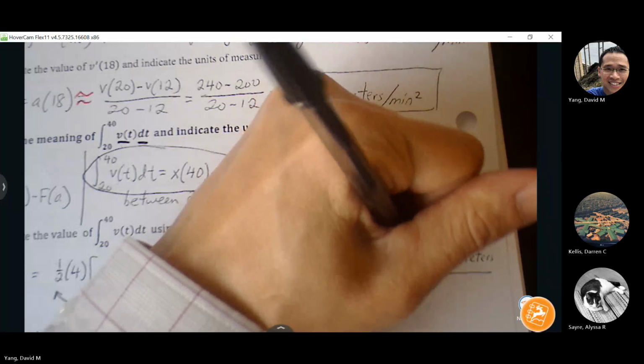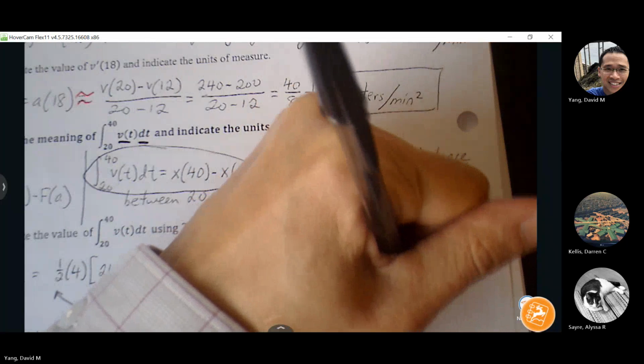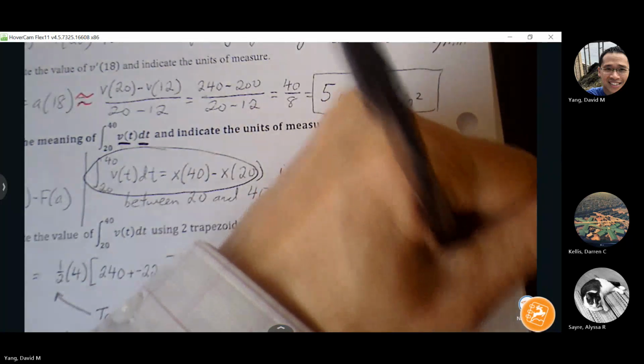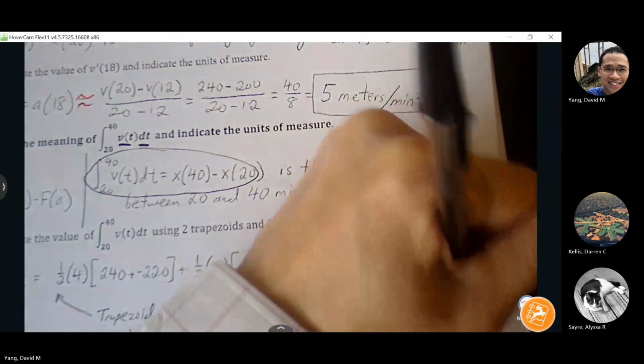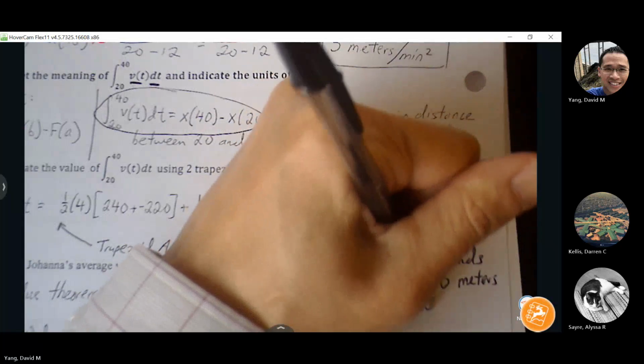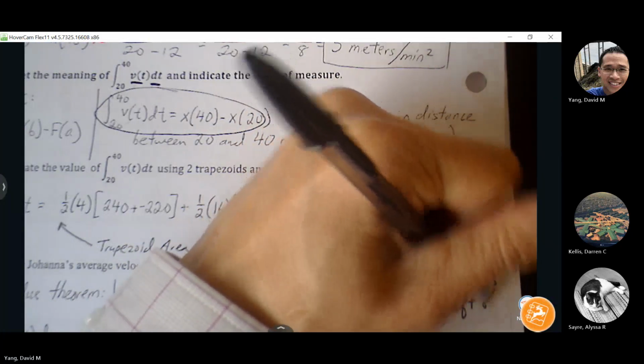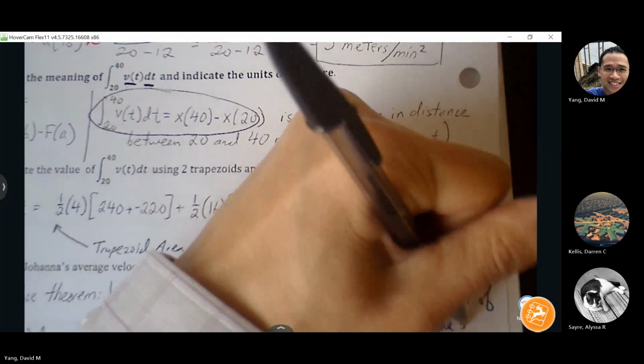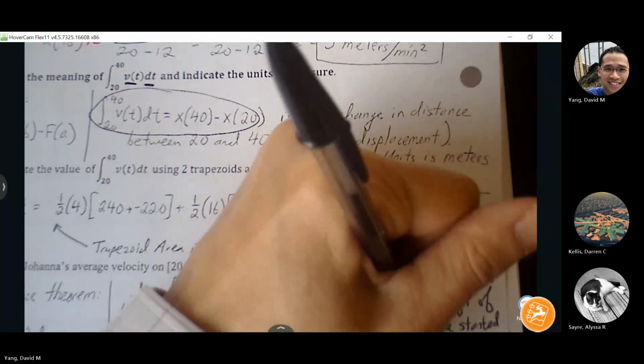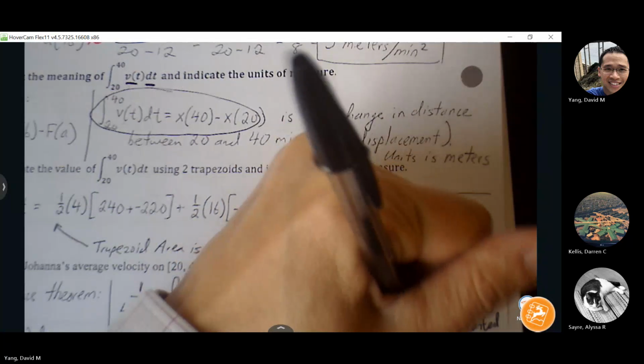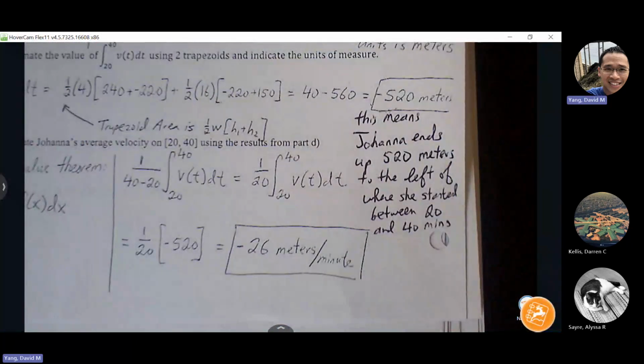So here, this means Joanna ends up 520 meters to the left of where she started if we are comparing where she was at 20 minutes versus where she is at 40 minutes. So in that 20-minute period.